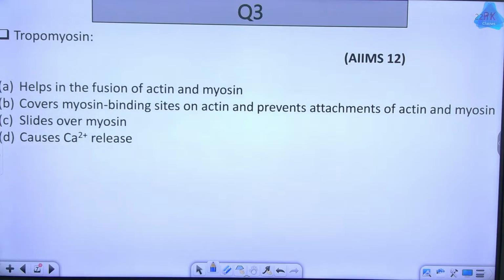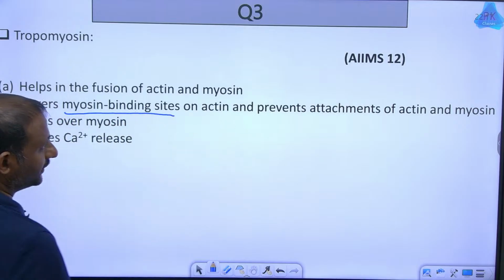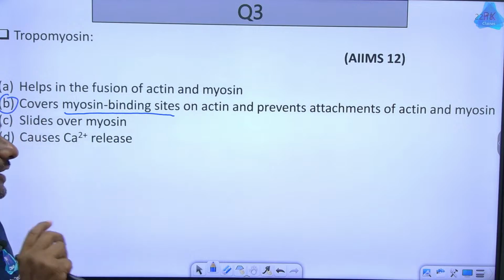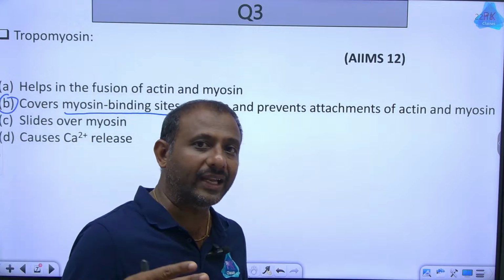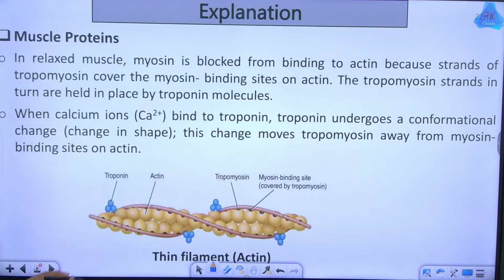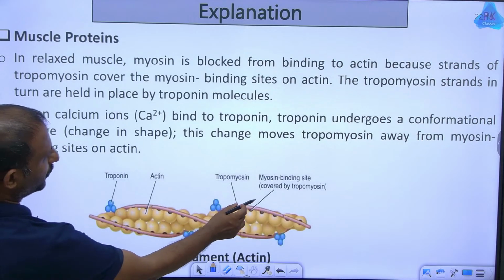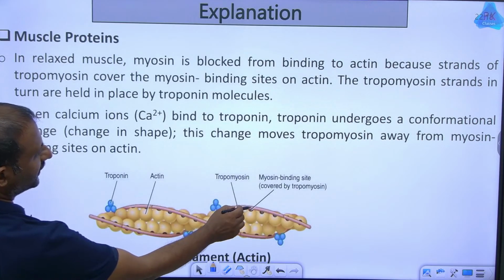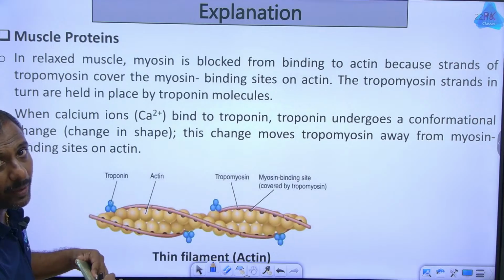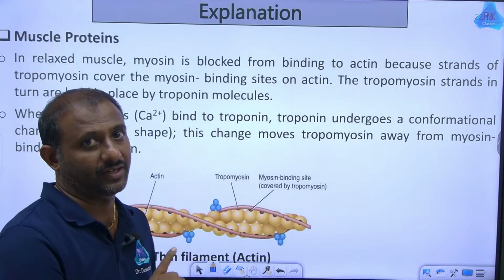So that is B. This tropomyosin covers the myosin binding sites on the actin, thereby preventing the attachment of actin and myosin. The same explanation here. Tropomyosin will cover the myosin binding site such that myosin and troponin cannot bind together. So this mainly occurs in the relaxed state.